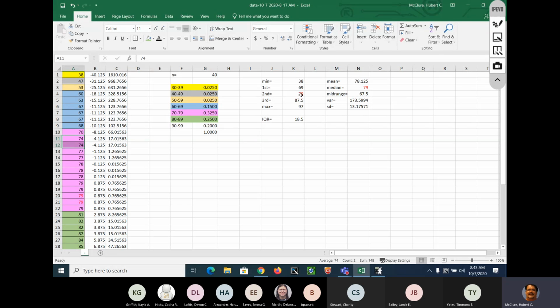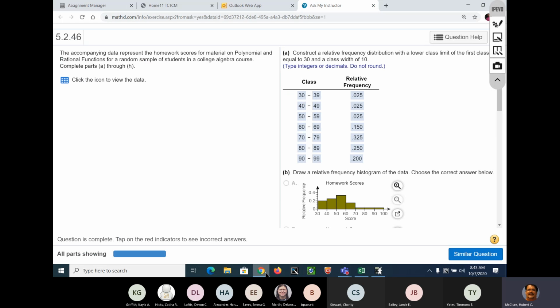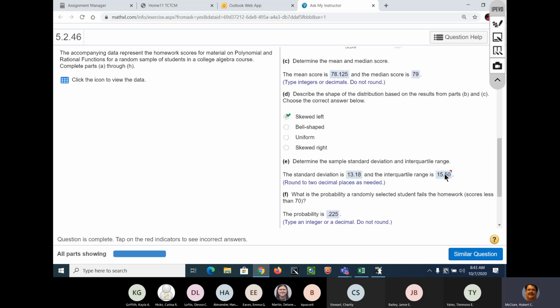So I'm just going to put a 74 right here, and that should make 15.5 or 13.5. I think that's what it said, didn't it? No, 15.5. I'm going to leave that one alone because I think I've got it right.